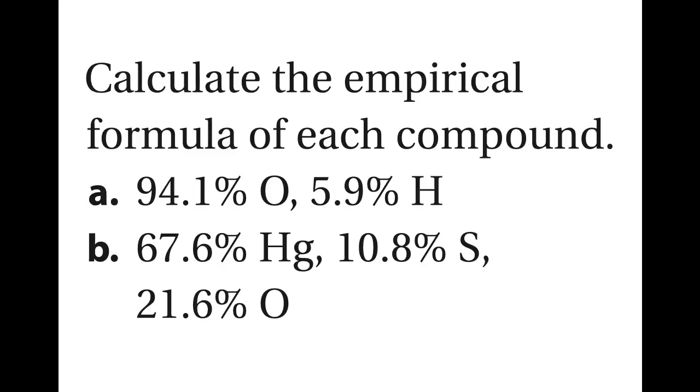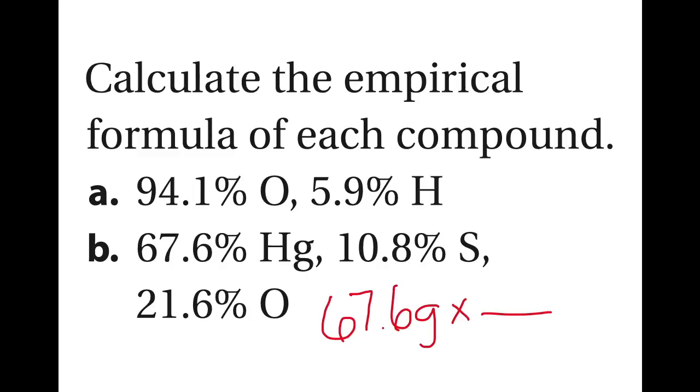So I'm going to start with mercury first and convert that 67.6 grams of mercury into moles of mercury. I need to find the mass of mercury. Mercury is a transition metal, atomic number 80.